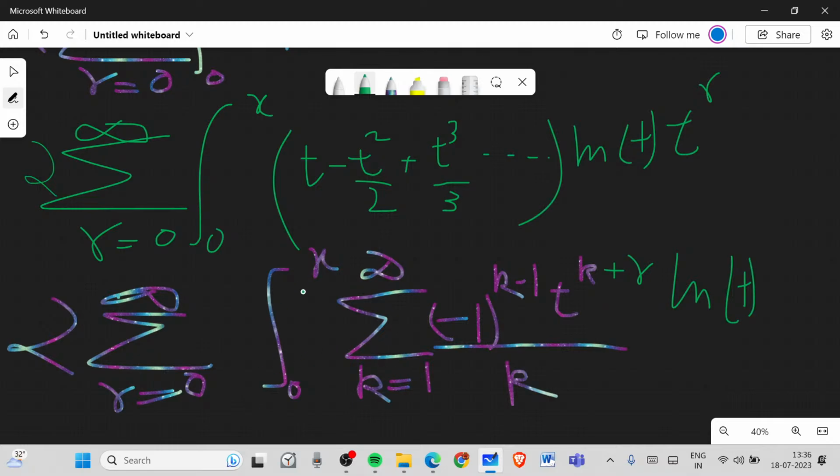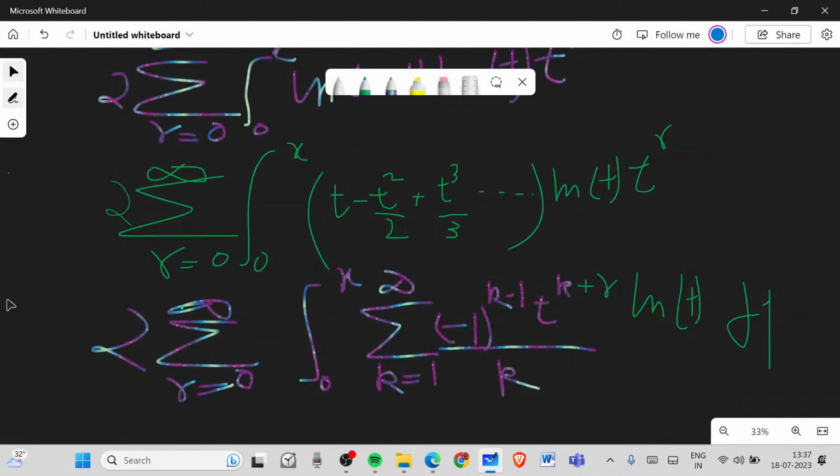We can pull this sigma out, dt of course. We can pull this sigma out and we can get that again inside. But will it help? I think we can't do this.